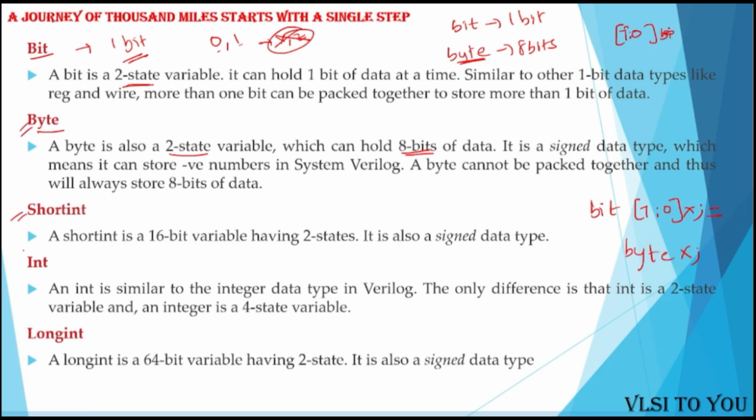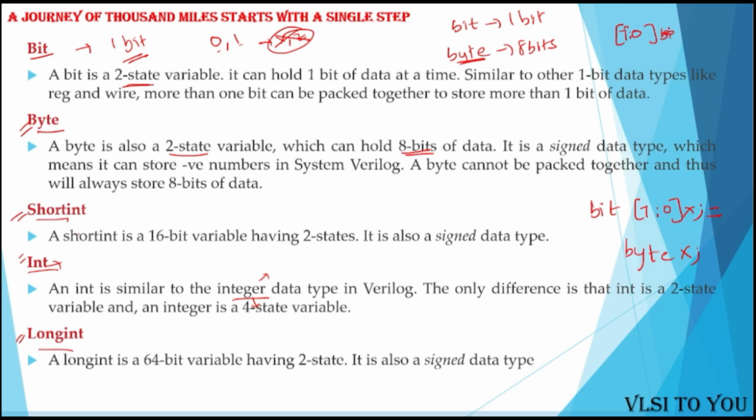And then shortint, int, and longint. Actually, int is subdivided into shortint and longint, we can say that. Basically, int is similar to the integer data type. Both integer and int can hold the same integer values, but the difference is that integer is a four-state variable but int is a two-state variable.